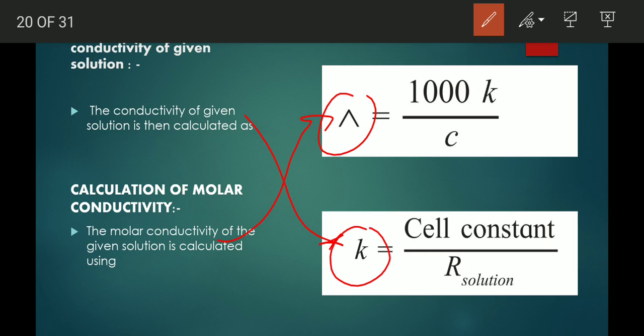So molar conductivity capital lambda is equal to 1000 K by C, whereas K is equal to cell constant upon R. R means resistance of the solution and b is the cell constant.